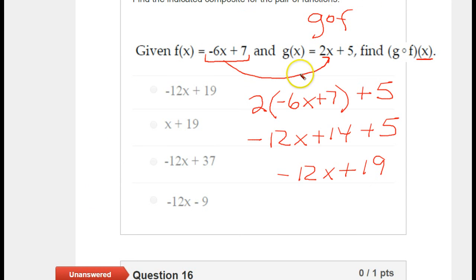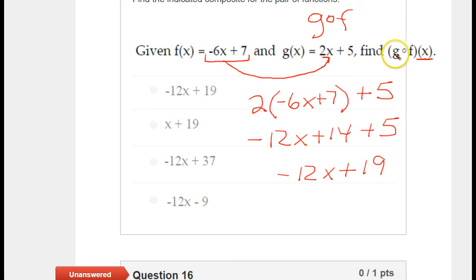Now I was checking some of your Module 6 tests, and a lot of you were getting these incorrect. I think part of it is you didn't come to the lecture and may not have known how to do them. But again, it's not too late yet. You're preparing for your exit exam.